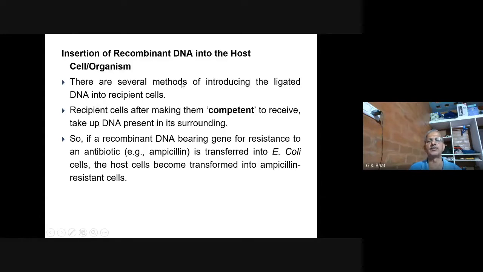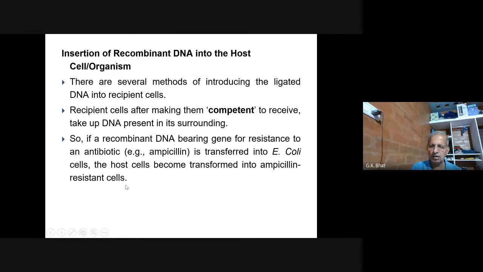There are several methods of introducing the ligated DNA into recipient cells, after making them competent to take up DNA present in their surroundings. If a recombinant DNA bearing a gene for resistance to an antibiotic, ampicillin, is transferred into E. coli cells, the host cells become transformed into ampicillin-resistant cells.